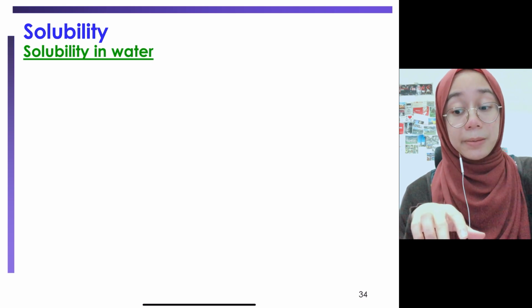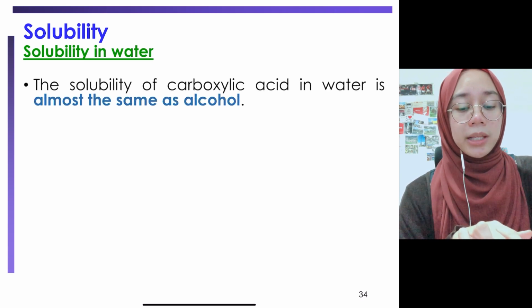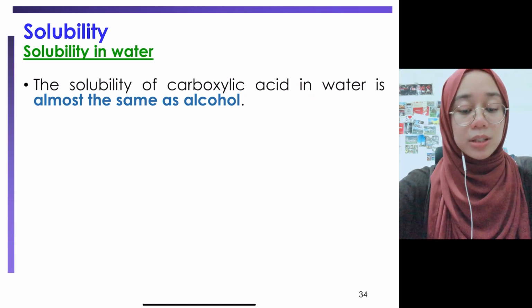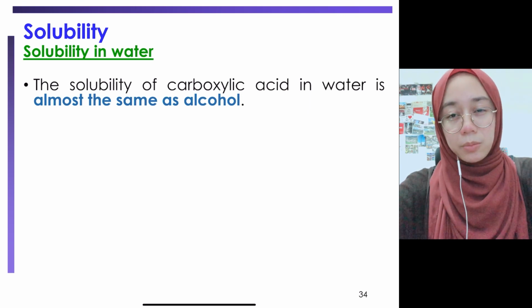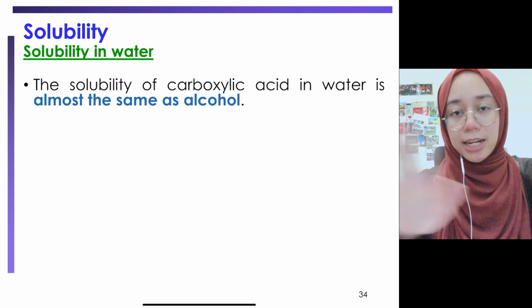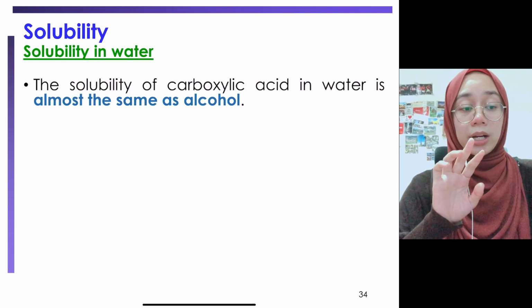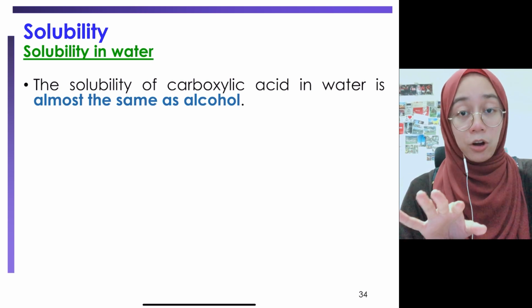So bahagian mana yang takut air kelas dalam carboxylic acid ni? Okay, so the solubility of carboxylic acid in water is almost the same as alcohol. Okay, so kita takkan compare solubility alcohol dengan carboxylic acid lah, tak. Okay, so if you are to compare the solubility, selalunya antara alkohol dengan alkohol kamu akan compare, carboxylic acid dengan carboxylic acid kamu akan compare.